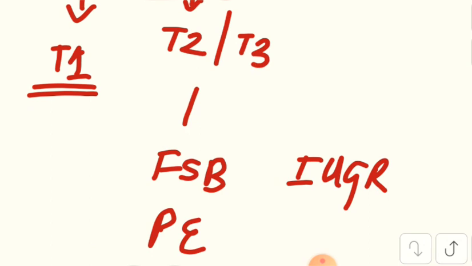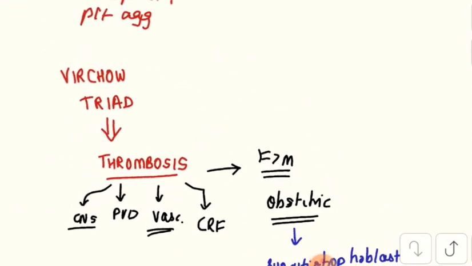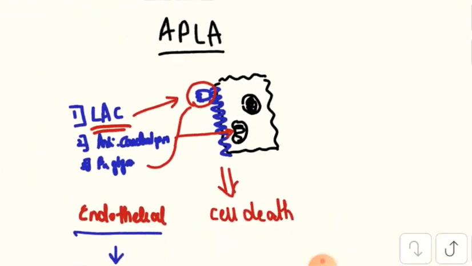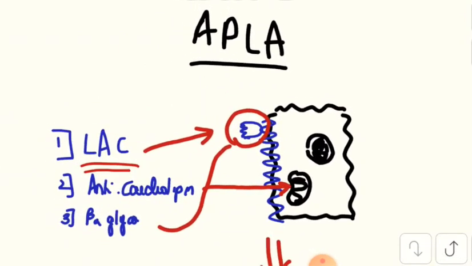It can present with Doppler changes. Because of all these abnormalities, APLA syndrome was found to be a very important basic pathophysiology in women.